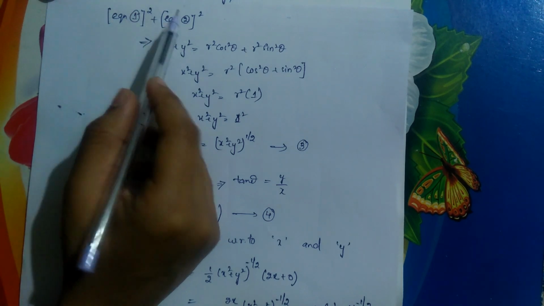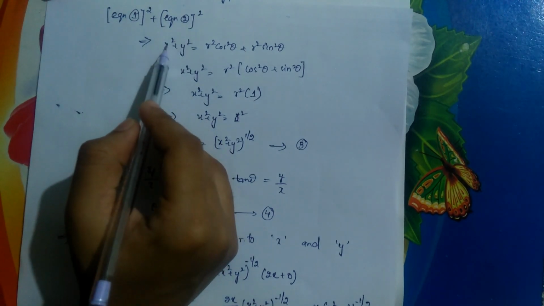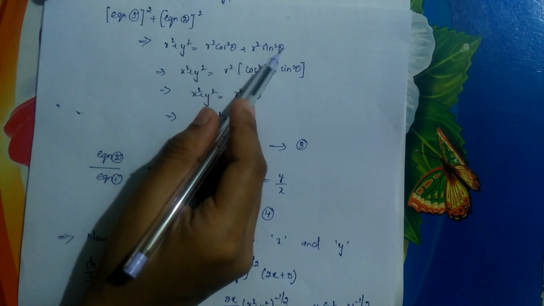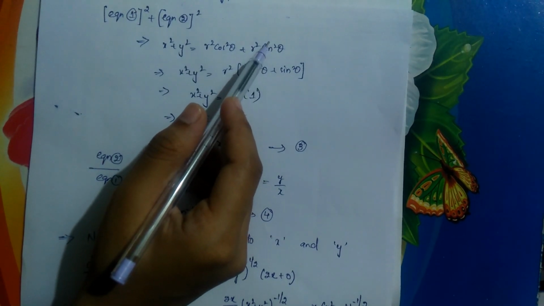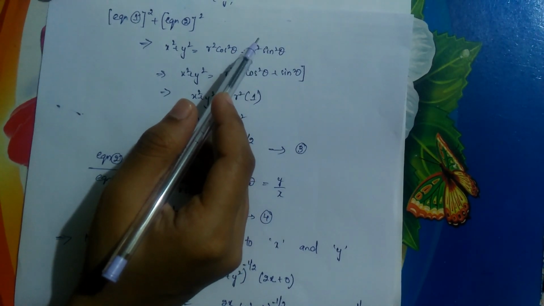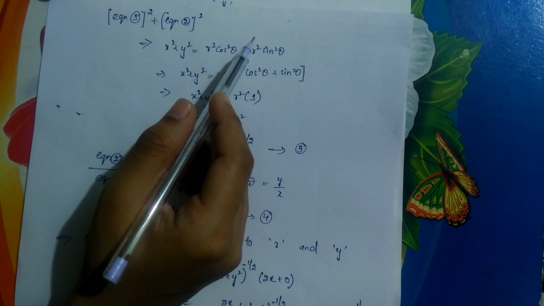So we have to square them. That is x square plus y square equals r square cos square theta plus r square sin square theta. Here we first had x and y in terms of r and theta. Now we have to get r and theta in terms of x and y.